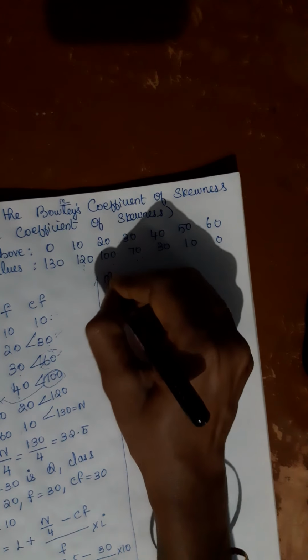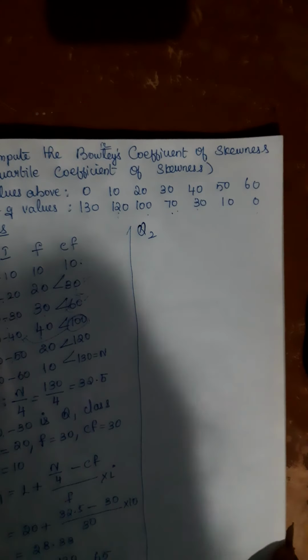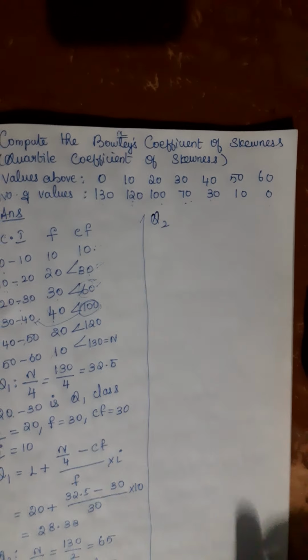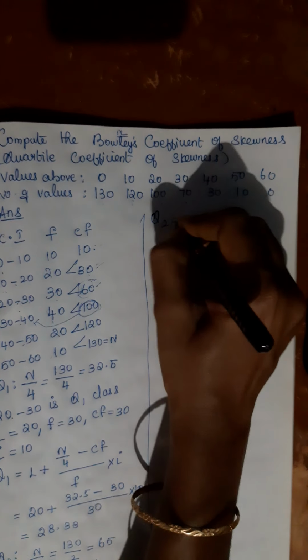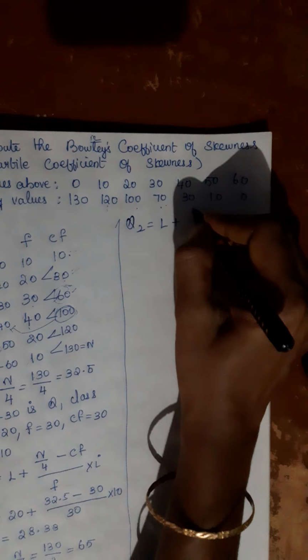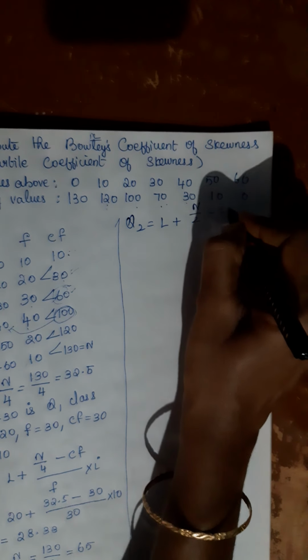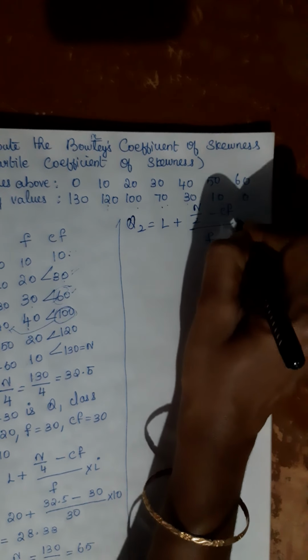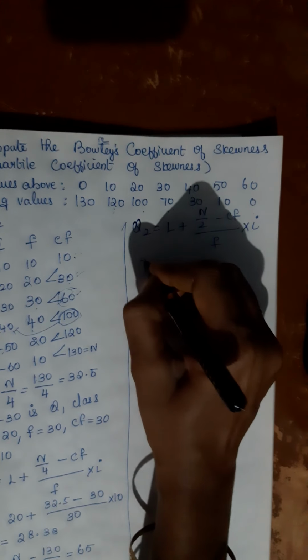Now let us compute Q2. The formula is L plus n by 2 minus CF, by f, into i.